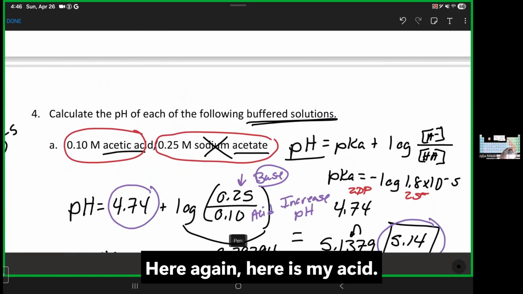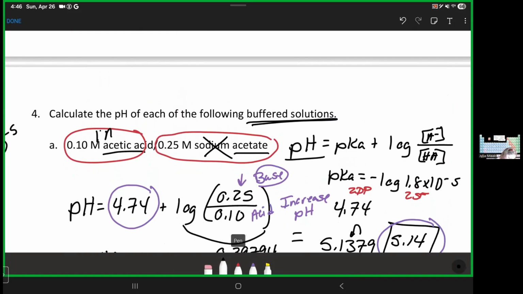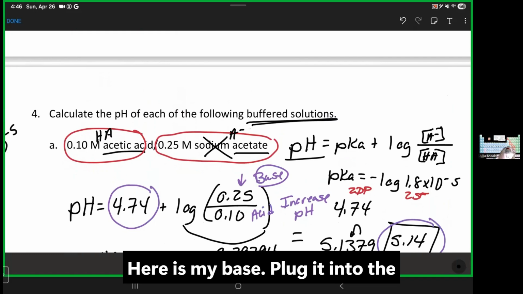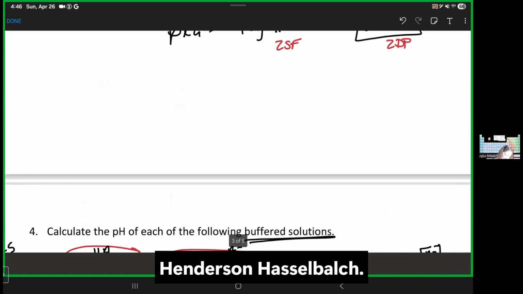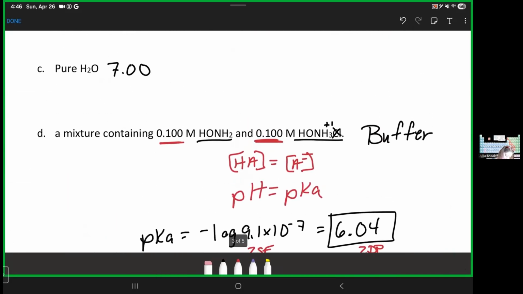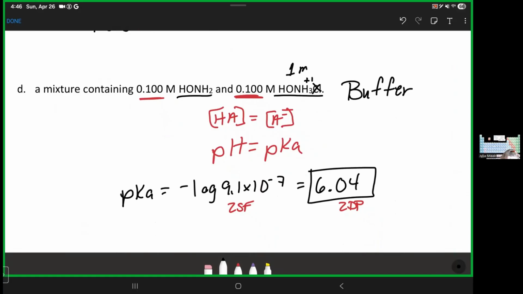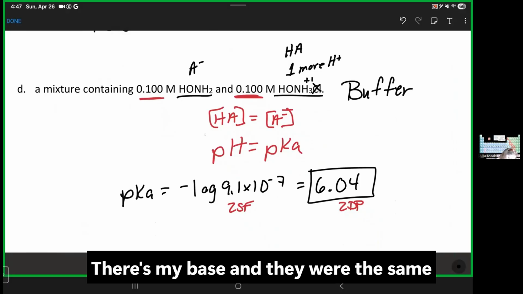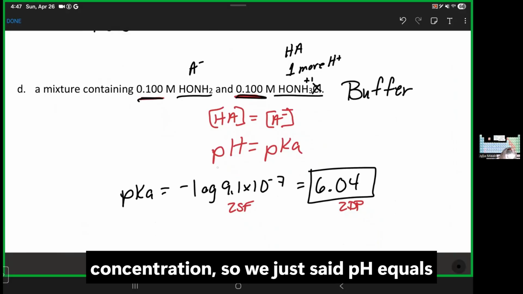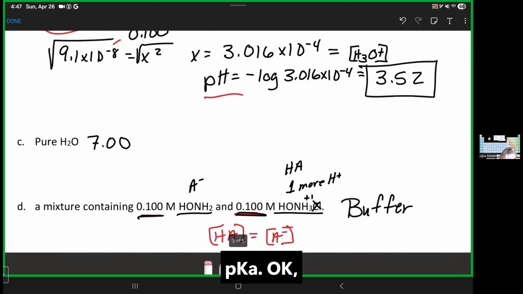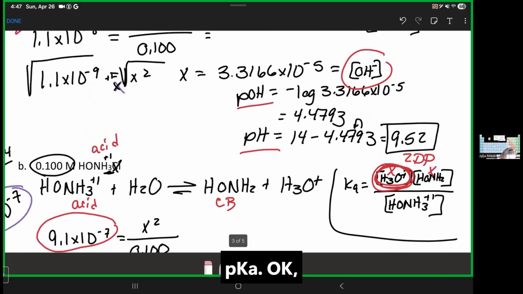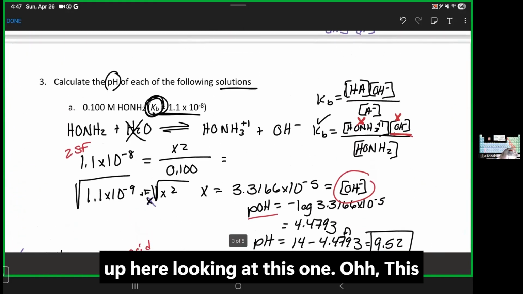Here again, here is my acid, here is my base, plug it into the Henderson Hasselbalch. Here, this one's got one more hydrogen. So that's my acid. There's my base. And they were the same concentration. So we just said pH equals pKa.